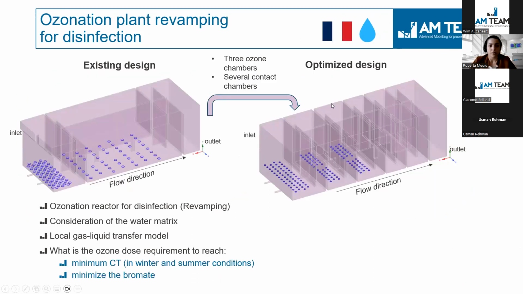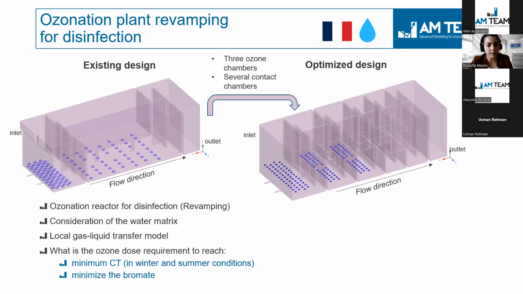And then this brings us to the final example of the design stage. We go back to France and to a disinfection ozone reactor. Here it's a different case because it's a revamping of an existing ozone installation.